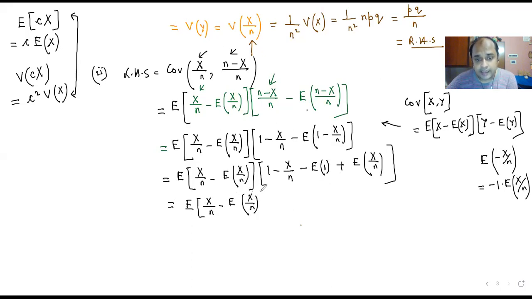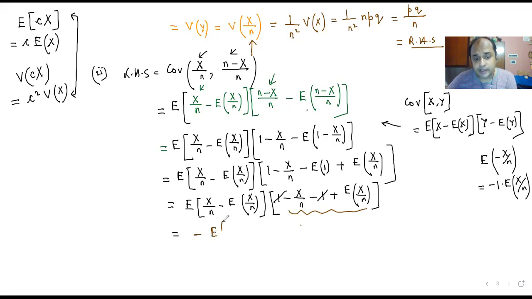So we can write it as 1 minus x by n minus 1 plus expectation of x by n. These two will cancel, and from this particular term you can take -1 common, and we are writing it as expectation of x by n minus expectation of x by n.